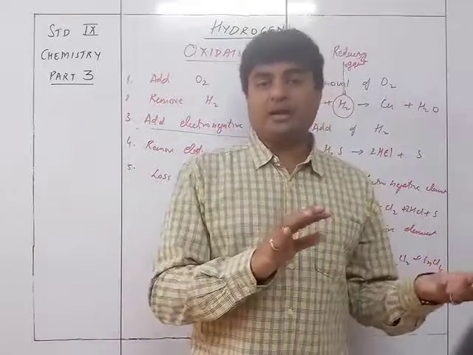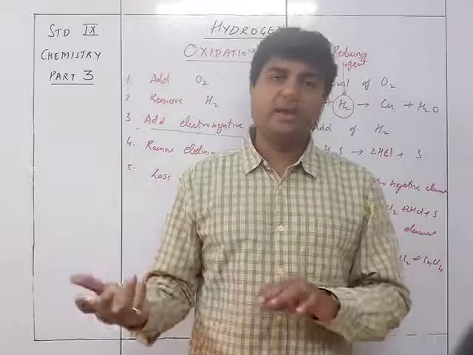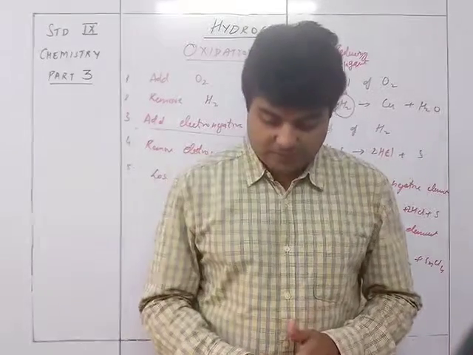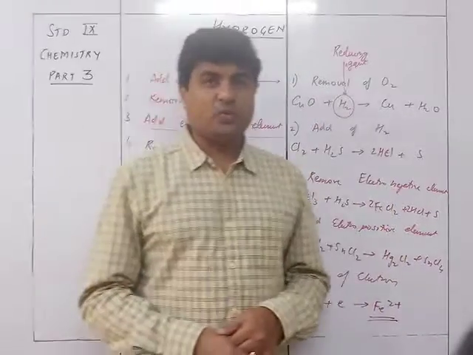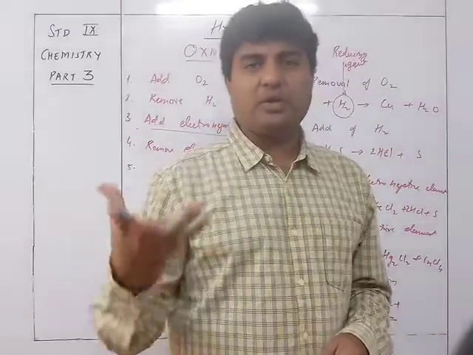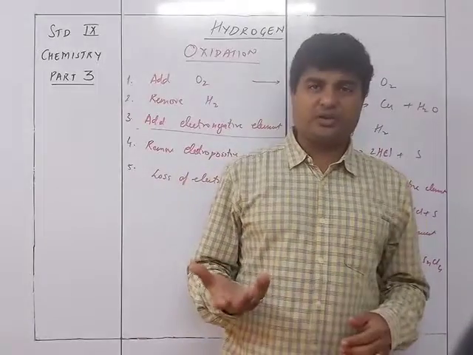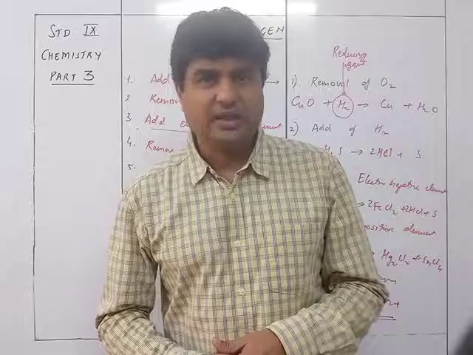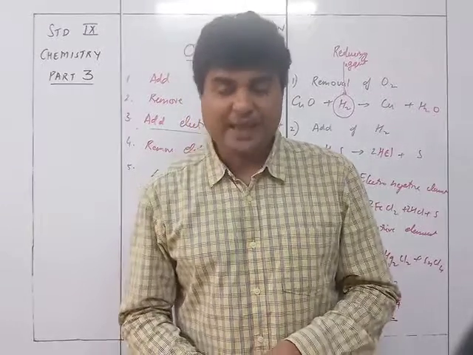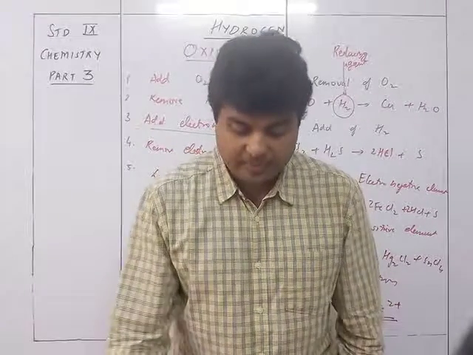So when the color turns from brown to green, then it is a reducing agent. Liberates nitrogen dioxide on heating with HNO3. So when HNO3 is heated, if it is the reducing agent, then it is going to give out NO2 as the reddish brown fumes of gas. So nitrogen dioxide is going to be evolved.